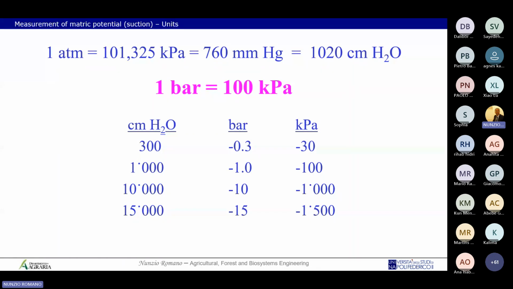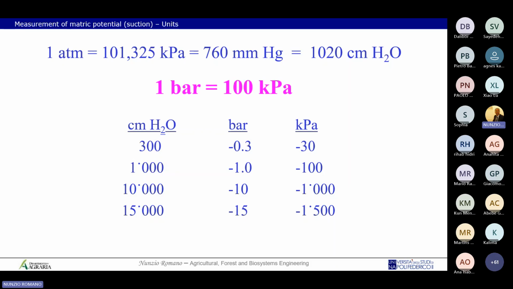That is the well-known 760 millimeters of mercury, which is equivalent also to 1,020 centimeters of water. This is the standard atmospheric pressure, but in most cases we prefer to refer to the bar. 1 bar is 100 kilopascal.